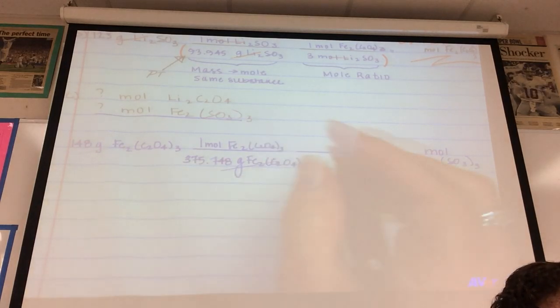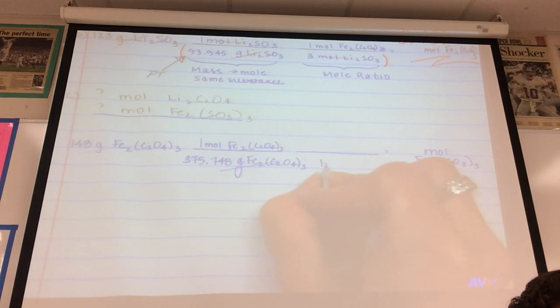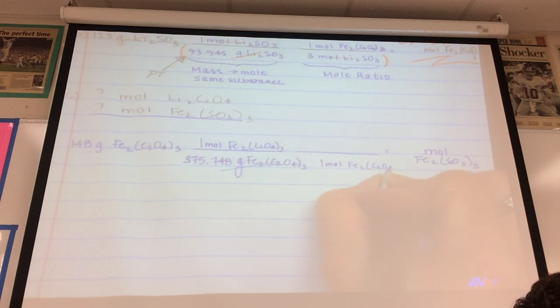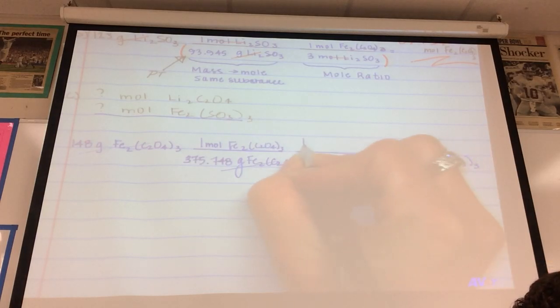Mole ratio from the balanced equation. We have 1 mole. This is what we want to get rid of. This is what we want to get to.